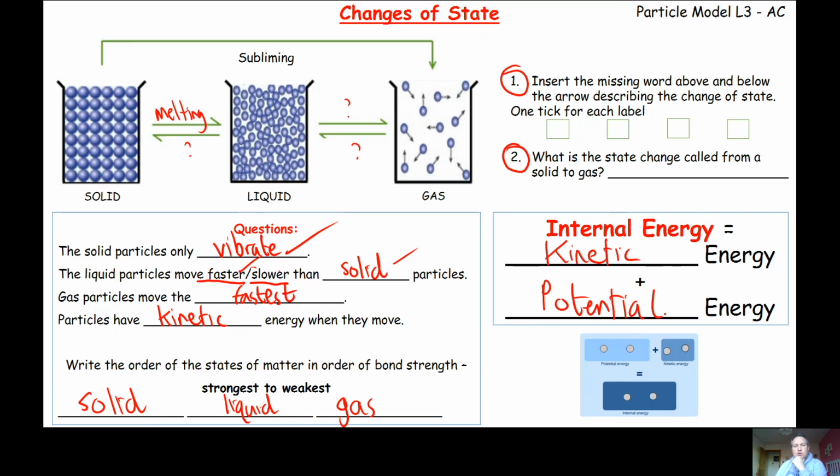It doesn't matter which way round you wrote those two. The important thing to remember is that the energy in a solid, a liquid, or gas is called its internal energy. And we get that by adding together the kinetic energy and the potential energy that's in there.